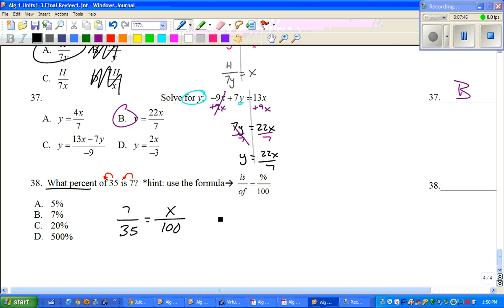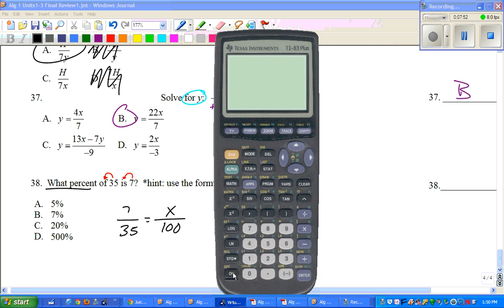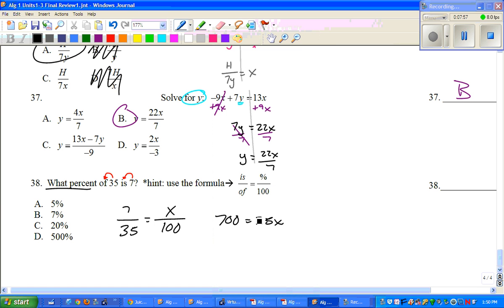And now we just cross multiply. 700 equals 35x. Divide that out. 700 divided by 35, and you get 20 equals x. And there you go.